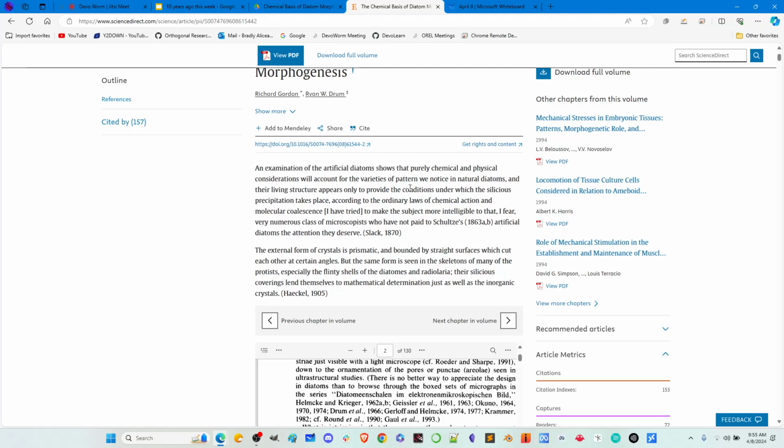Snowflakes is another example, but you have to be in a cold place for these things. So it's not like reaction diffusion. The hypothesis here is that the basic mechanism is diffusion-limited aggregation.